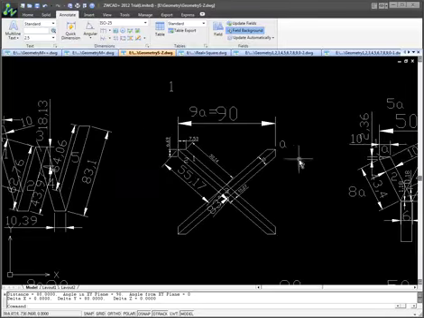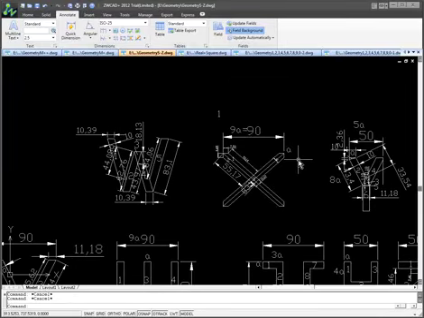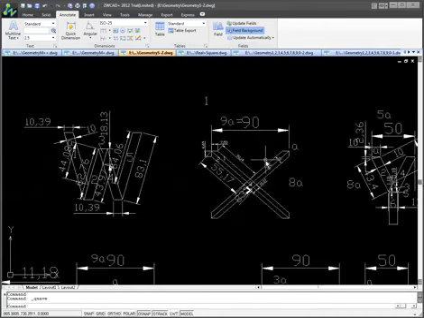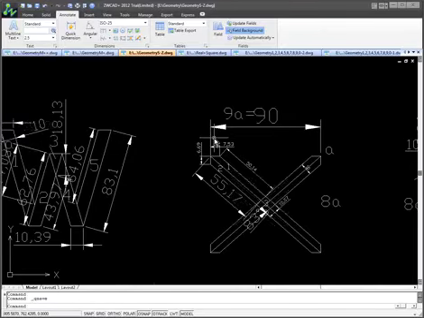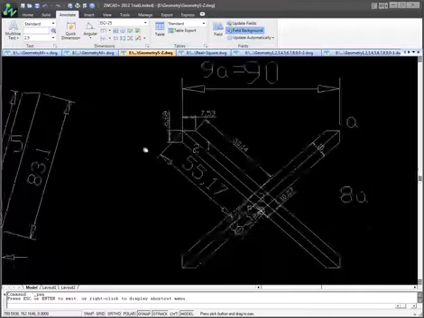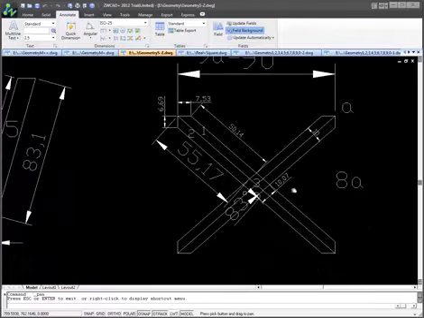So I can put 8A if confusion exists. And this one I remove, because this was just put in for one purpose. And this I remove from here. It's okay. Now, this is very simple in drawing, but in calculation, it's not that simple.